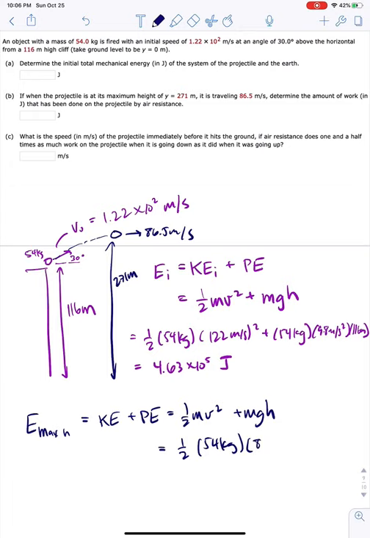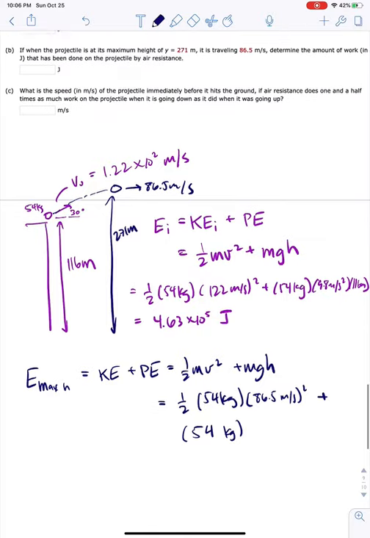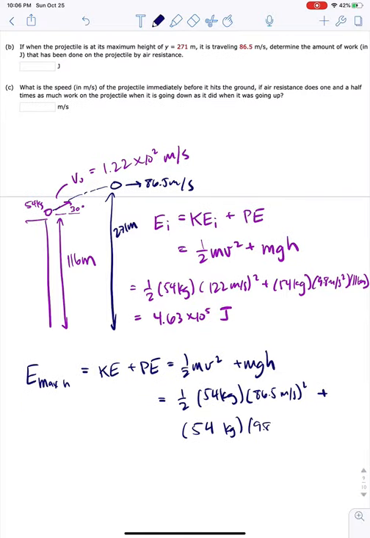Our velocity now is 86.5 meters per second. And then our gravitational potential energy is 54 kilograms times 9.8 meters per second squared times our height of 271 meters.